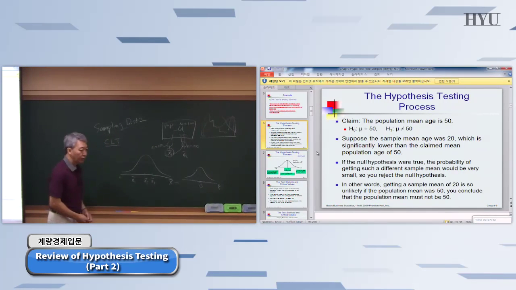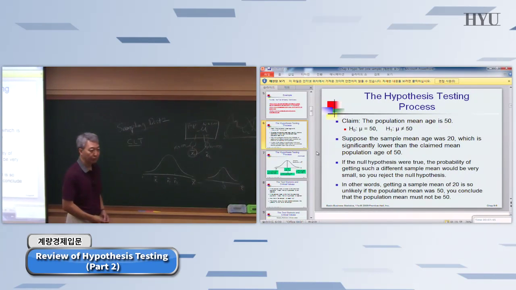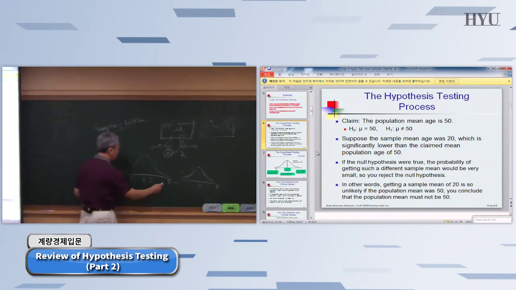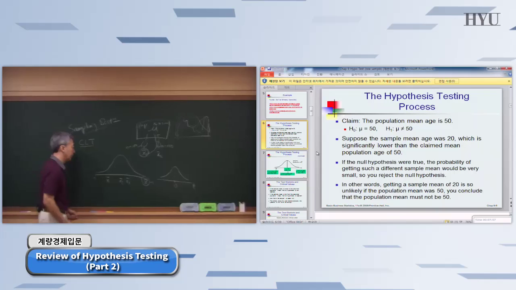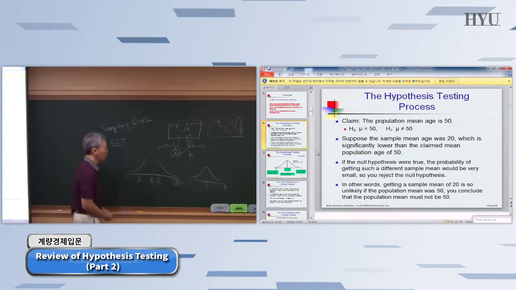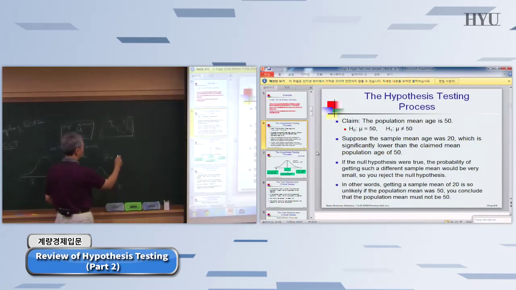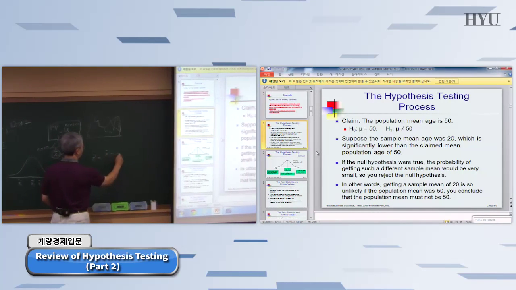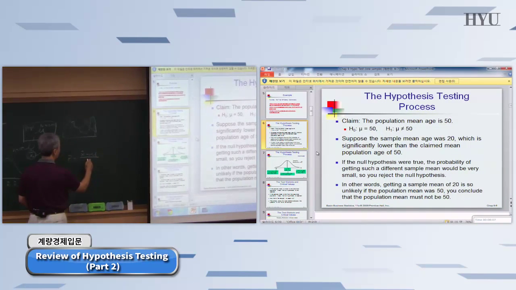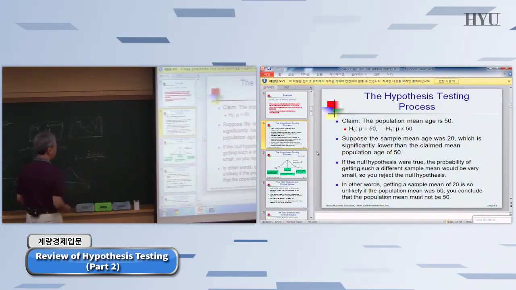Again, I'm going very quickly, so if you have any trouble, let me know. I'll be happy to explain to you individually. Okay? So whatever variable is normally distributed, we can convert it into the Z distribution by subtracting the mean value and dividing by the sigma or S, the standard deviation.